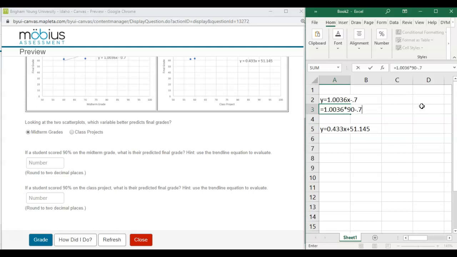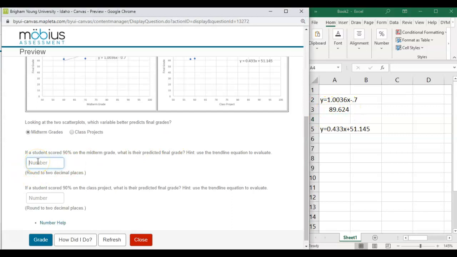And I'm going to double check that as I go along too. 90%, all of the numbers seem right. So I'm going to press enter, and that gives us our predicted final grade. So we can come over here and write 89.6, and then the 4 does not raise the 2, so we can just leave it, rounding it to 2 decimal places.